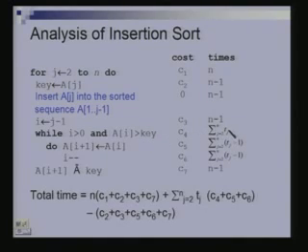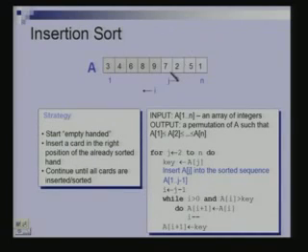T sub j reflects the number of times I have to shift an element to the right when I am inserting the jth card into my hand. Okay, so in the previous example, when I am inserting 7, I had to shift 2 elements, 8 and 9. Yeah, so T sub j is going to be counting that quantity.